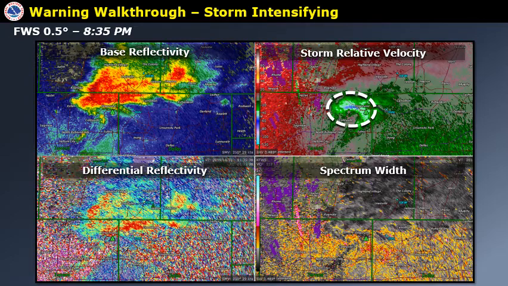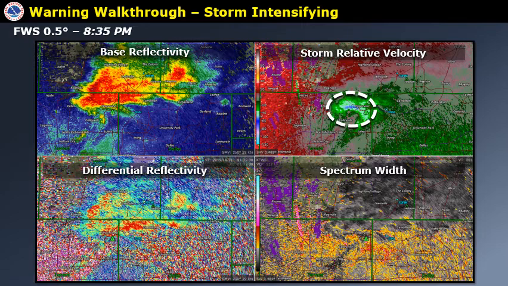At 8:35 p.m., the storm relative velocity product shows another increase in low-level flow, indicating strengthening of the storm, and it is probable that this is in response to greater organization of the low-level mesocyclone.